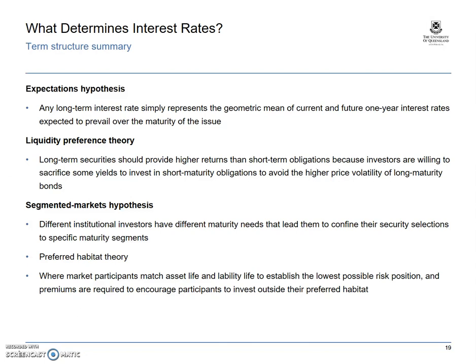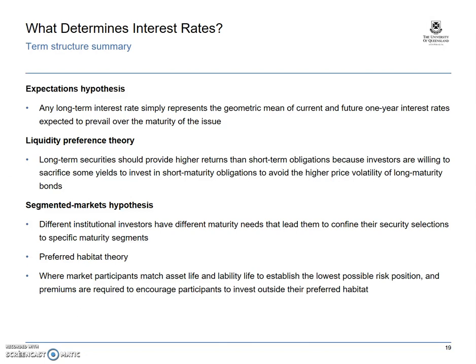The segmented market hypothesis states that different institutional investors have different maturity needs, and that leads them to confine their security selection to specific maturities. The investors have a preference for short-term, medium-term or long-term, and then the supply and demand within those different segments of the market will affect the interest rates within each of those segments.